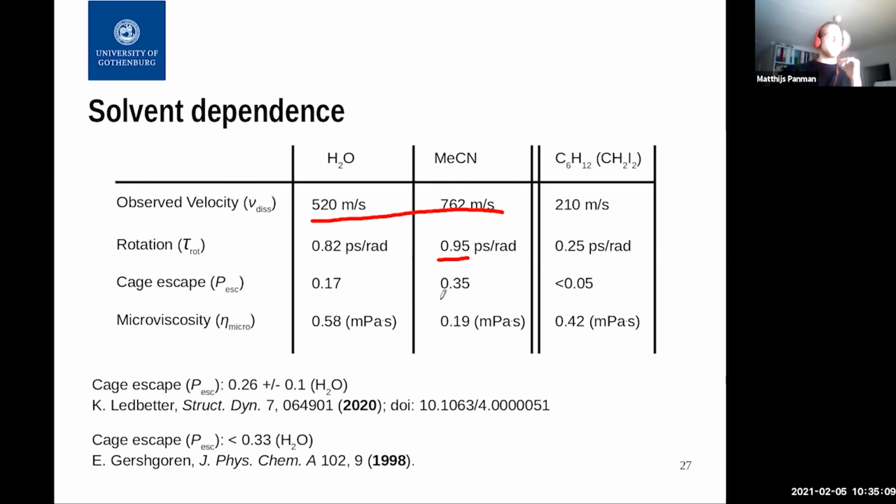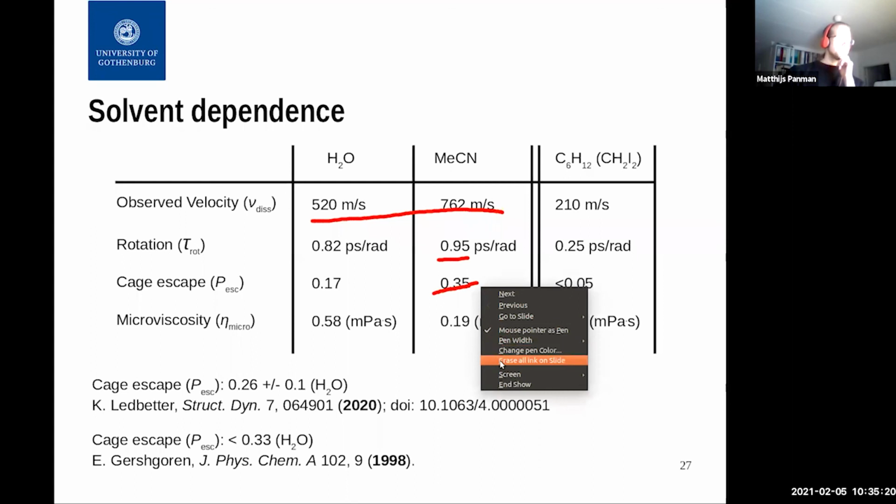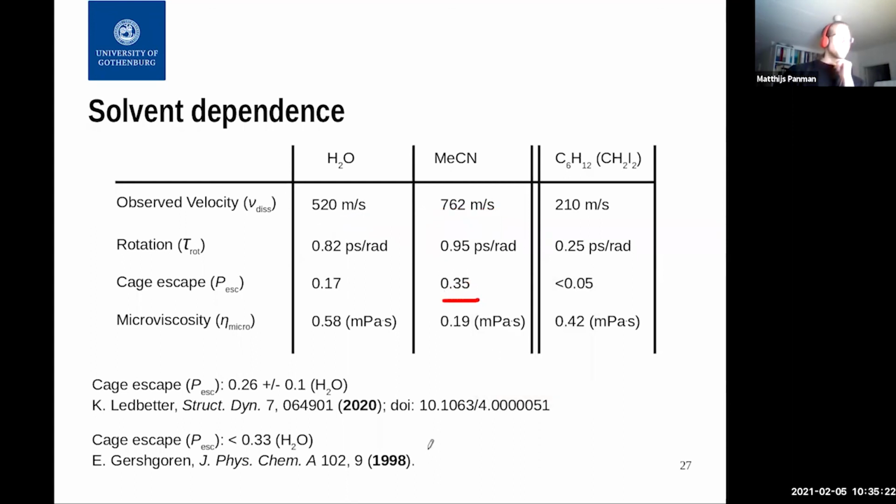And also what correlates well with the increased velocity is the increased cage escape, the percentage of molecules that escape the cage. I've also put the diiodomethane here as a reference.